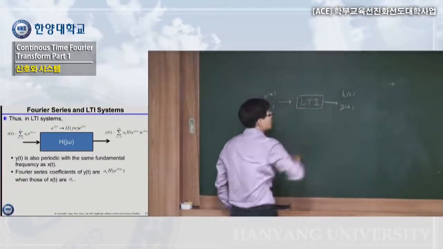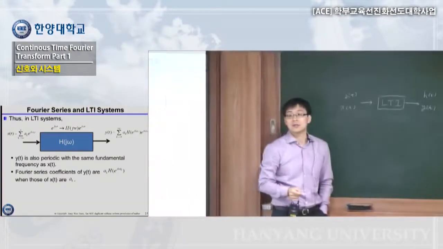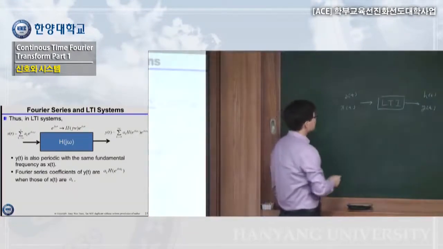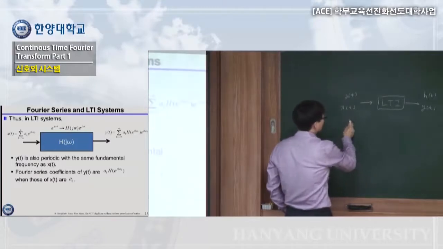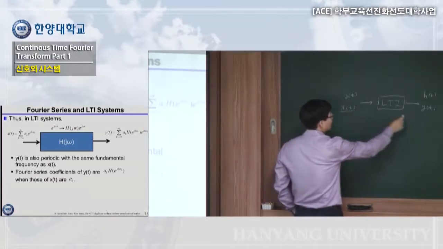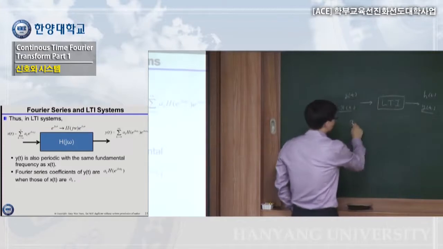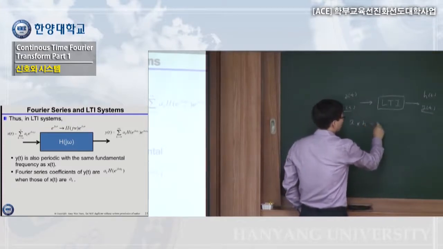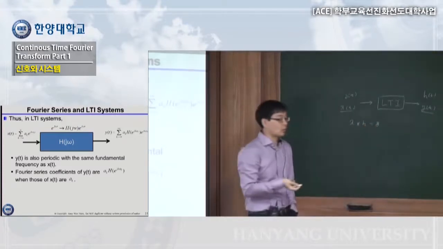H is the system response of the system itself, right? So in this case, we put this in to find the output and do the convolution to find the output. That's one thing we have done before.